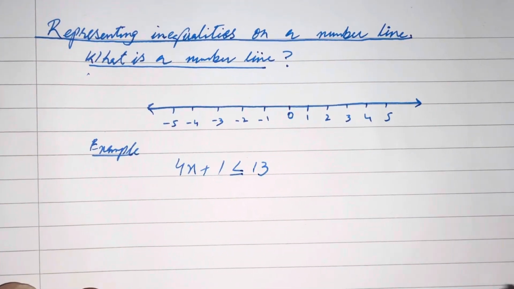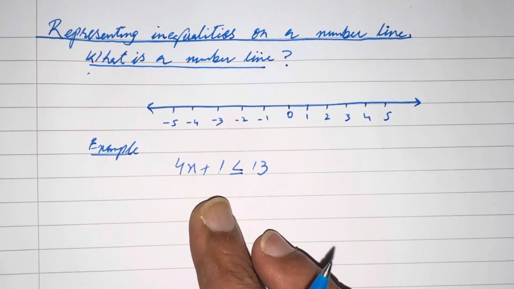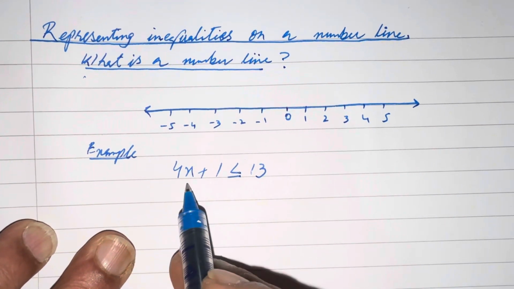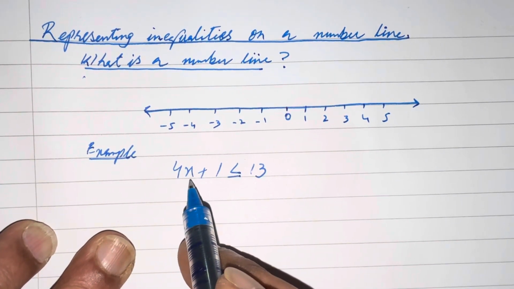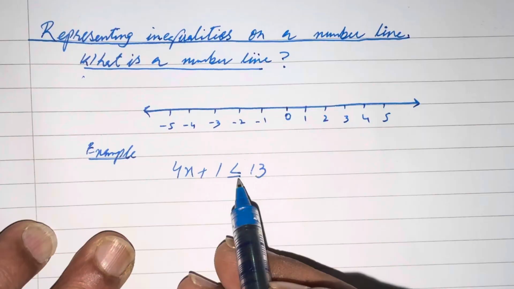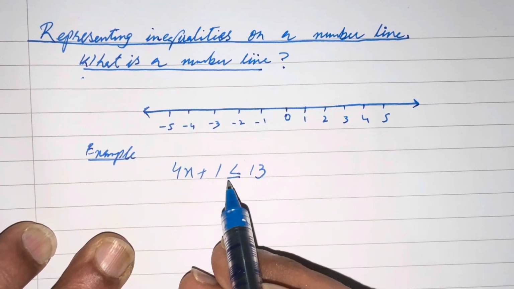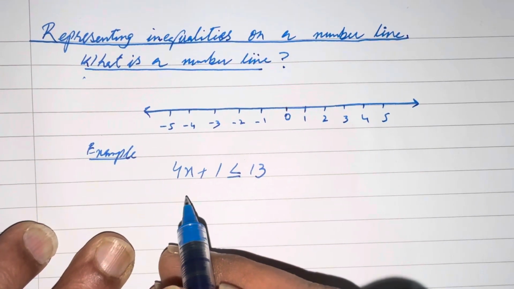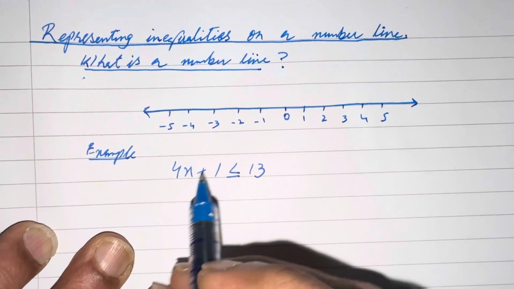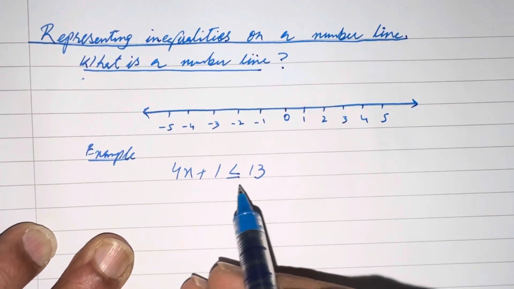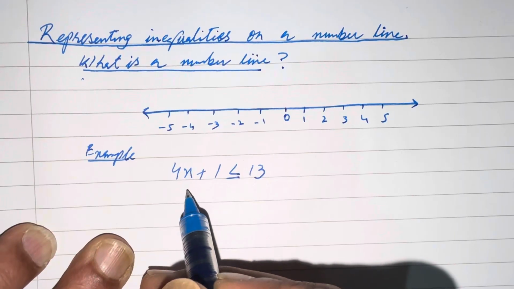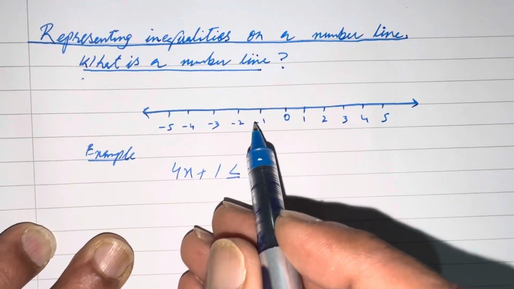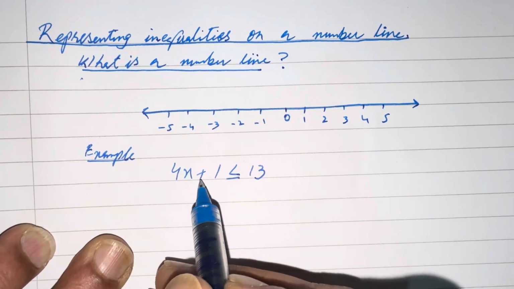We are going to find the solution set of this inequality with the sign of less than or equal to 13. The left hand side of the linear inequality is showing that it is less than or equal to 13. It's the same process we have to do to find the value of x, and then let's see how we can represent the solution set on the number line. First of all, we have to find the value of x.